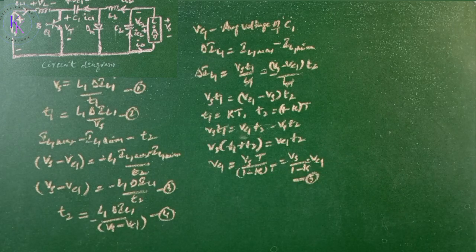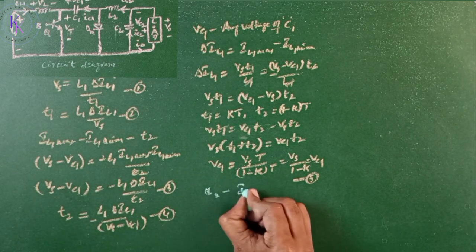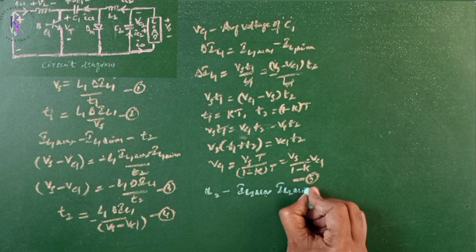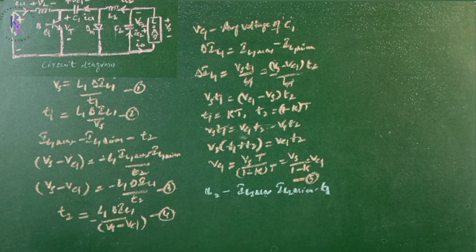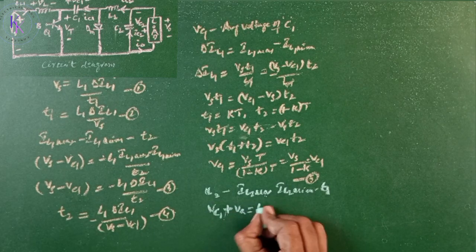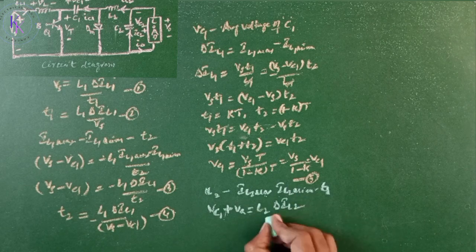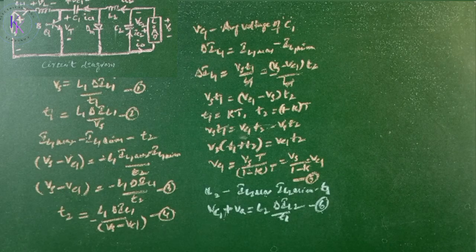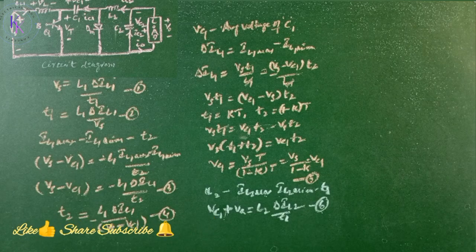Now, assuming the current of the filter inductor L2 rises from I L2 minimum to I L2 max during the time T1, then Vc1 plus Va equals L2 delta I L2 divided by the time T1. That is equation number 6. And the current of inductor L2 falls linearly from the max to minimum in time t2.